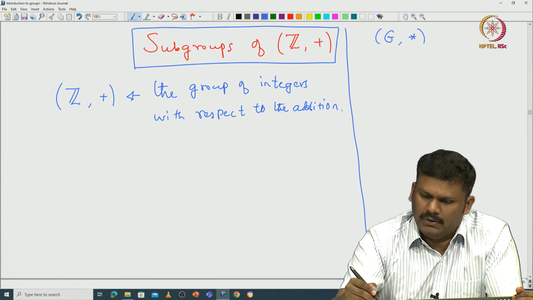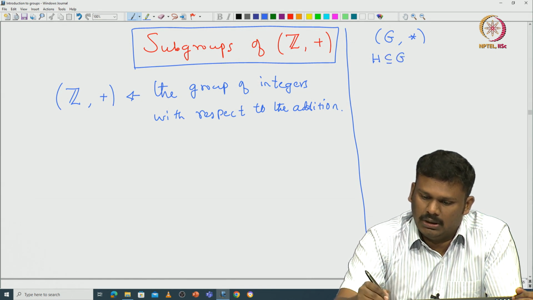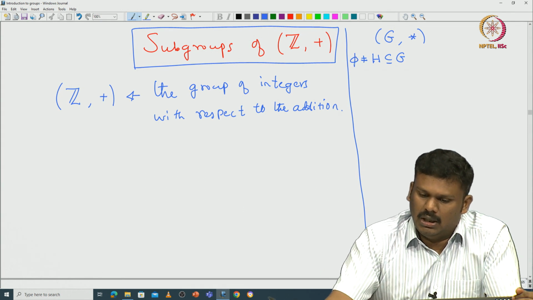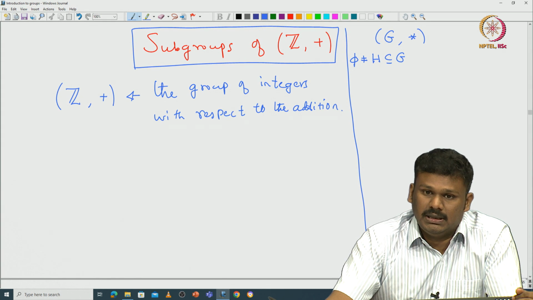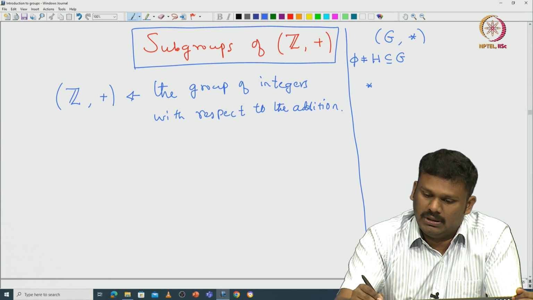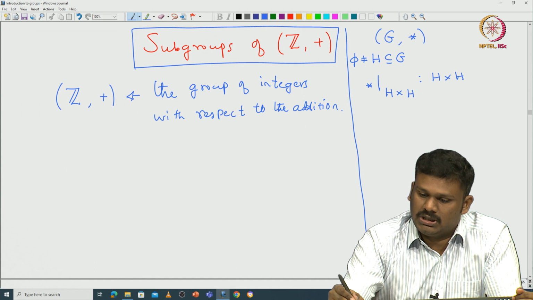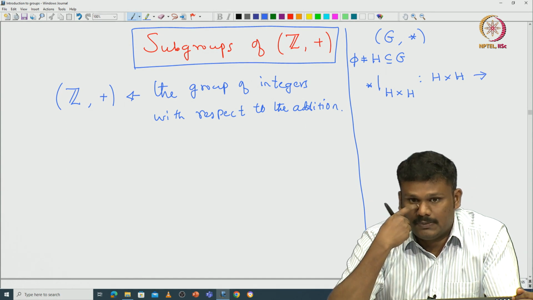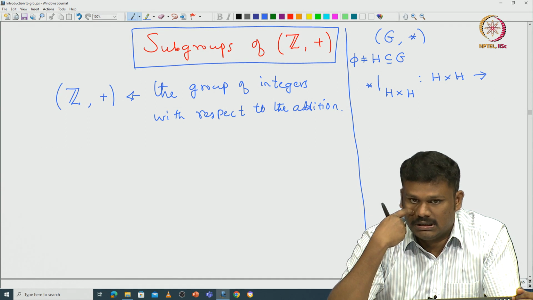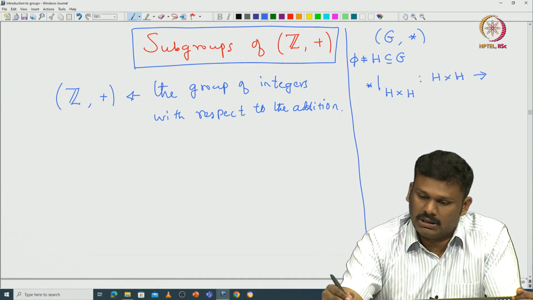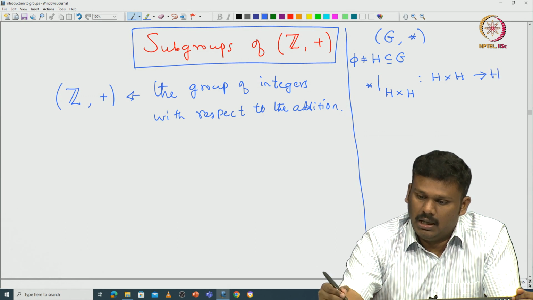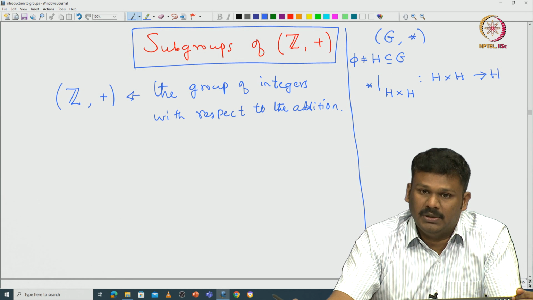You start with a non-empty subset of G. The binary operation can be restricted to H cross H. A priori this becomes a map from H cross H to G, but if H is a subgroup, we expect it to be a map from H cross H to H, and with respect to this map it becomes a group.